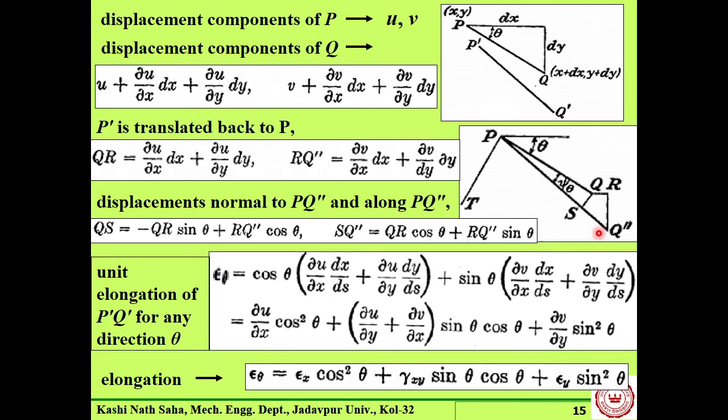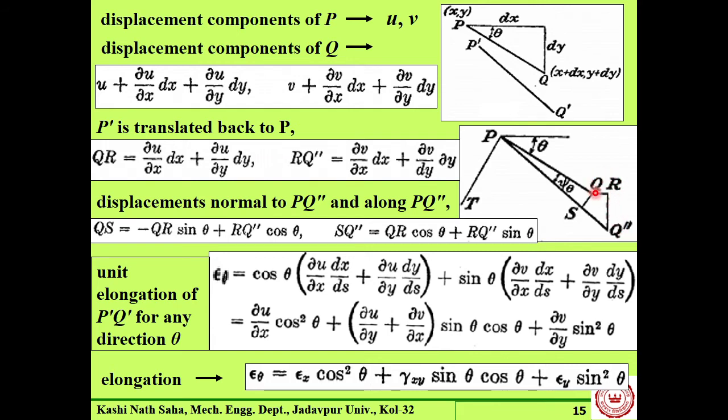So quite obviously from point Q along x we move by distance QR. That means we have drawn a horizontal line from Q, and from Q double prime we have drawn a vertical line. They meet at this point R. So QR is distance along x, R Q double prime is distance along y.